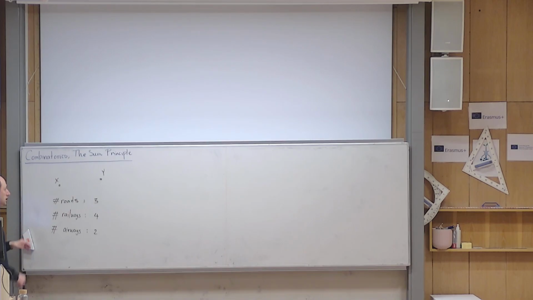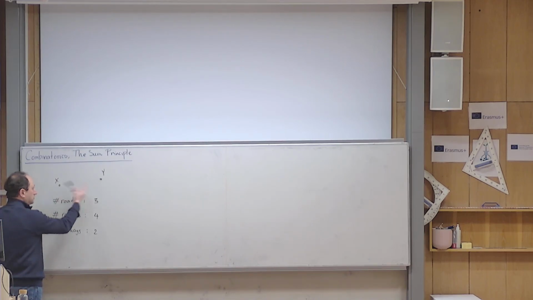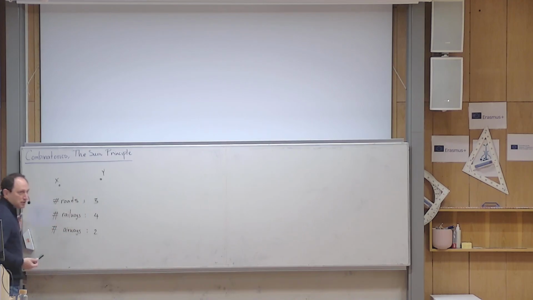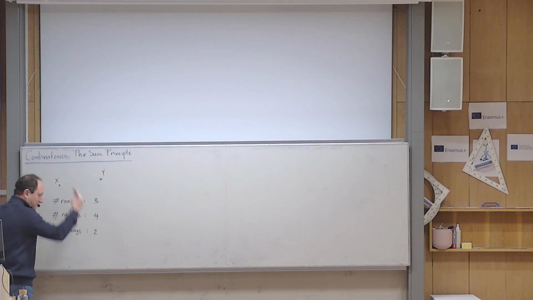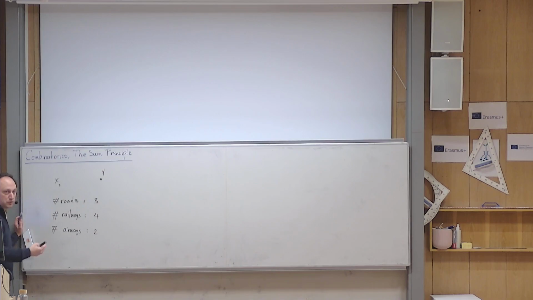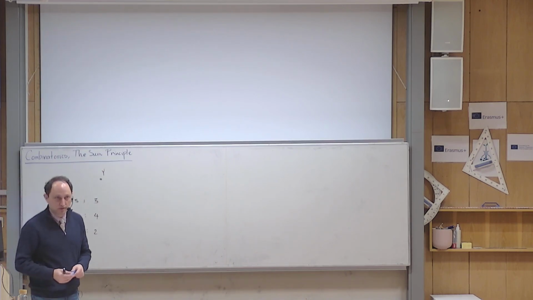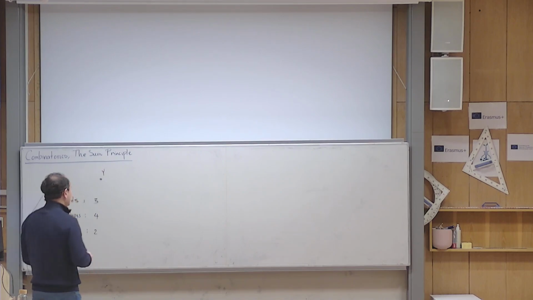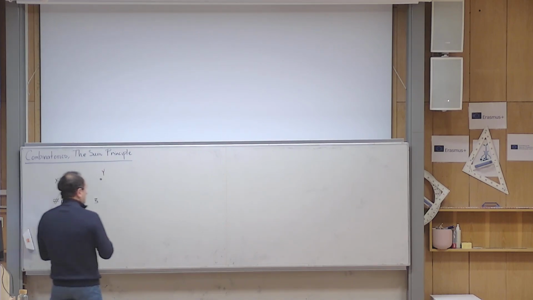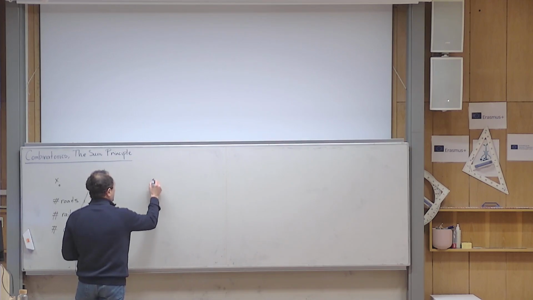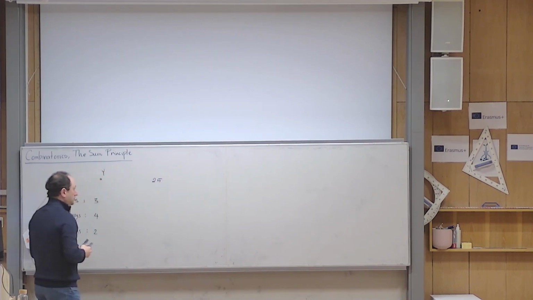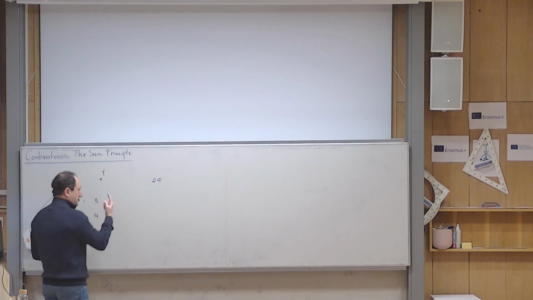So be careful here. In this case, if you choose to go with a road, then the task is accomplished, because my goal was just to go from X to Y. If I take a road and drive there, the task is finished, so I don't need to do another one. So this is not something that I can divide into different stages, yes? But when I wanted to write a 2-digit number, say 25, this is still one task.